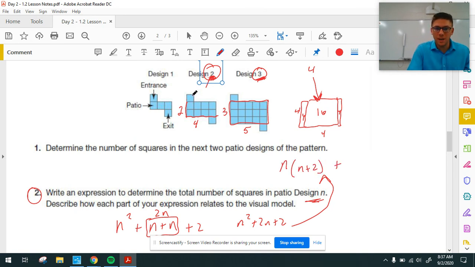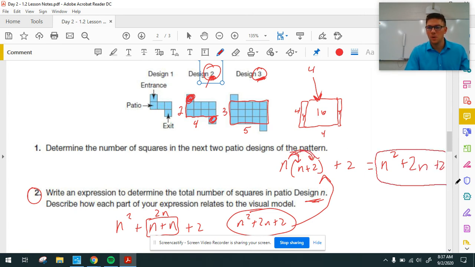But don't forget about these 2 that are still hanging out here and here. So what we have to do is distribute. And we get to confirm that these are the same. Let's see. N squared plus 2n, when I distribute here, plus 2. So instead of thinking about it as a square, we thought about it as a rectangle, and we related it to the design number in order to get there.